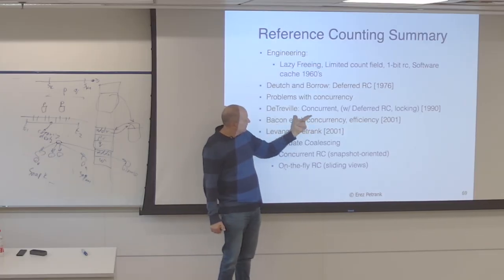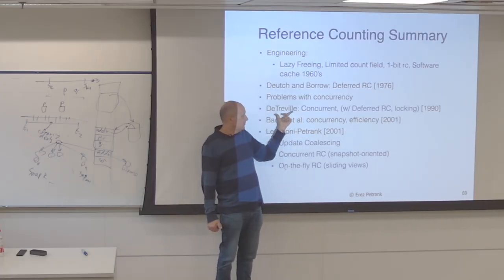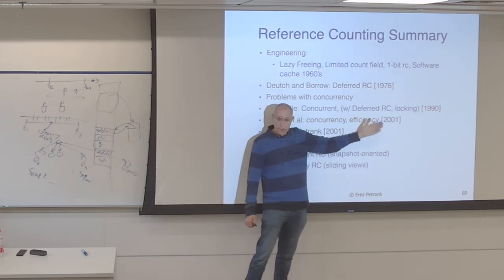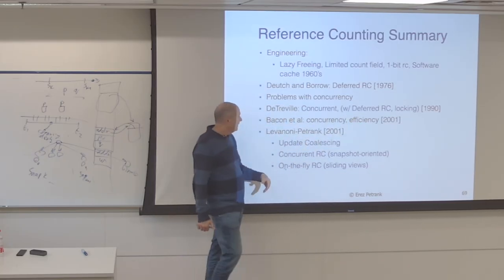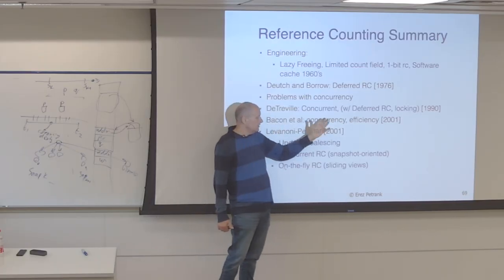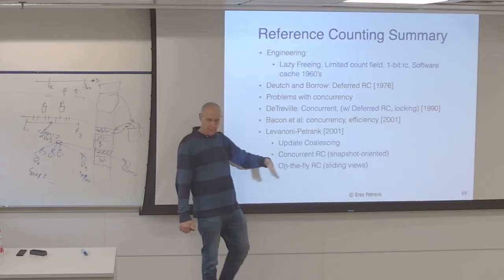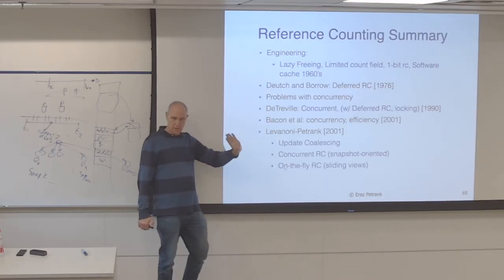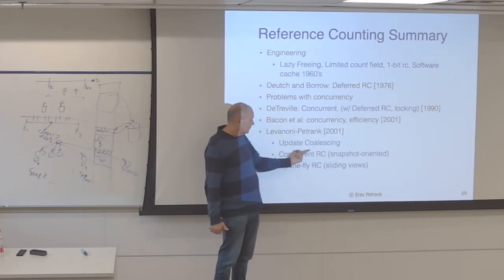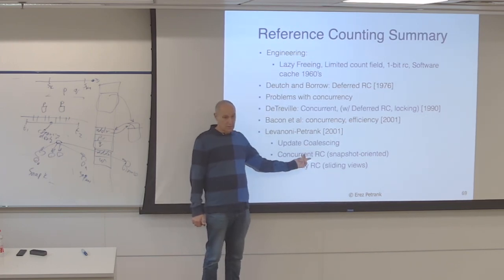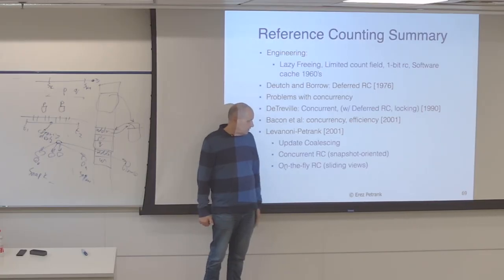We talked about DeTreville, who did this locking for maintaining concurrency. And Bacon et al., we didn't really talk about it seriously, but we mentioned it and compared results in the evaluation. And we talked about update coalescing, about how to do reference counting concurrently and on the fly.